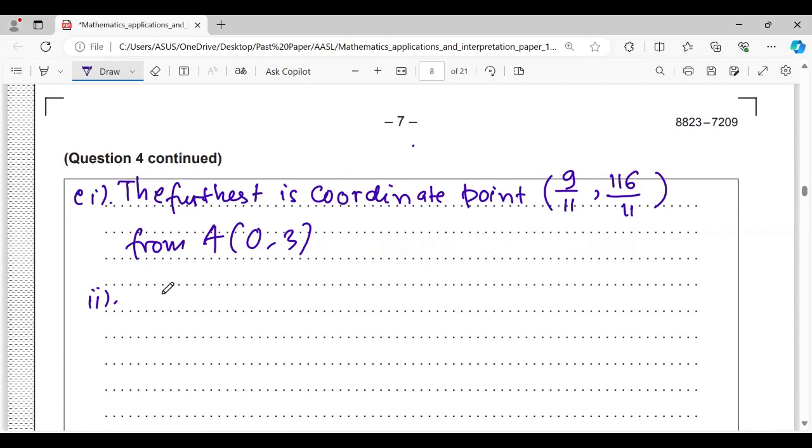From A (0, 3), and the nearest is coordinate point C (8, 13).